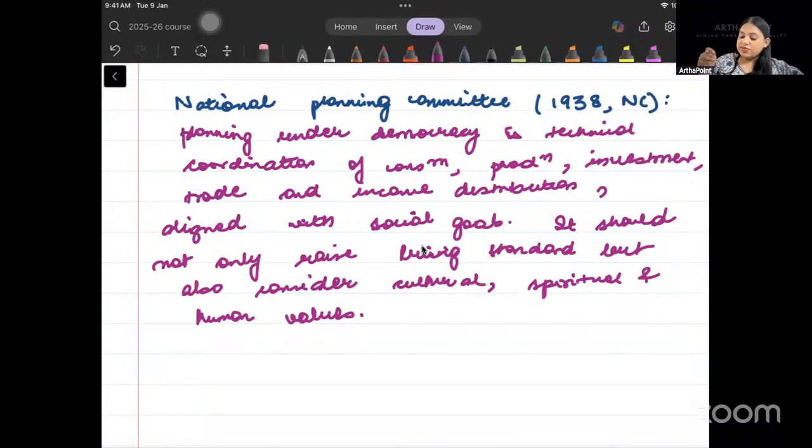It should not only raise living standard but also consider cultural, spiritual and human value. तो हमारा काम सिर्फ ये नहीं है कि हम living standard को increase करें. Of course, we want to increase the standard of living of people, but we have to ensure that the cultural values are inculcated, that the spiritual value is inculcated, that human values are inculcated.